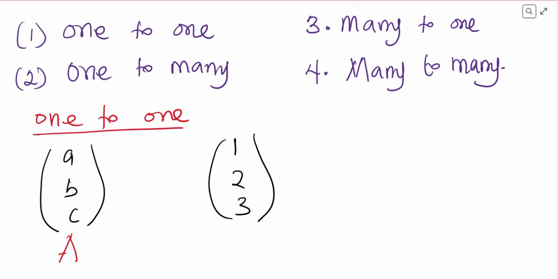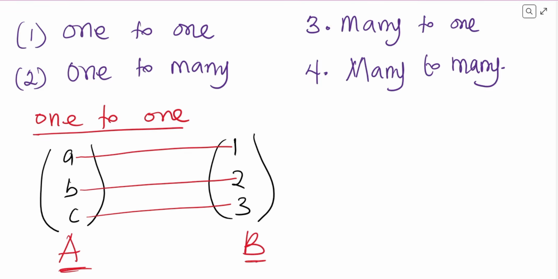So we are from A to B. Every element in A should map to exactly one element in B. So we can do this, we can do this, and we can do this. This is one way. This is not the only way you can map it.